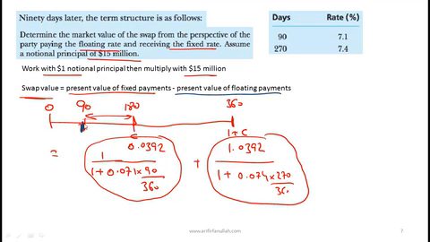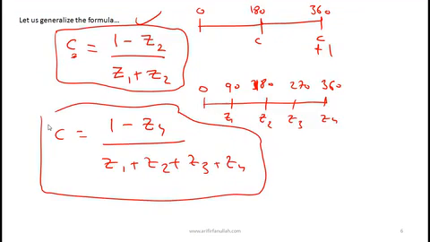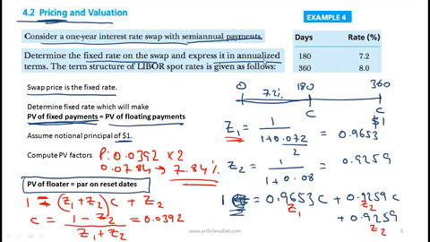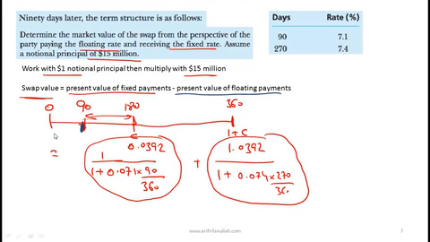This payment was established based on the floating rate at time 0, which was 7.2%. So based on that floating rate at time 0, what's the interest payment that the floating rate payer has to make? How would you figure that out?